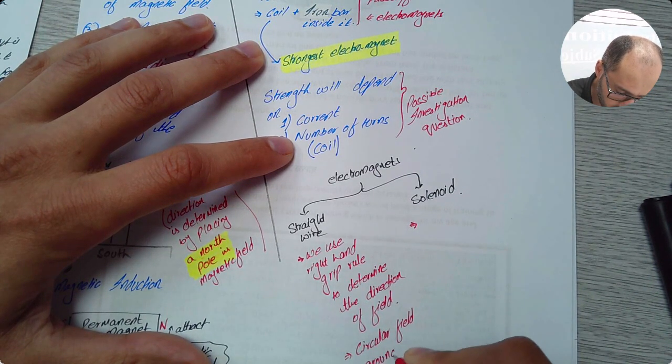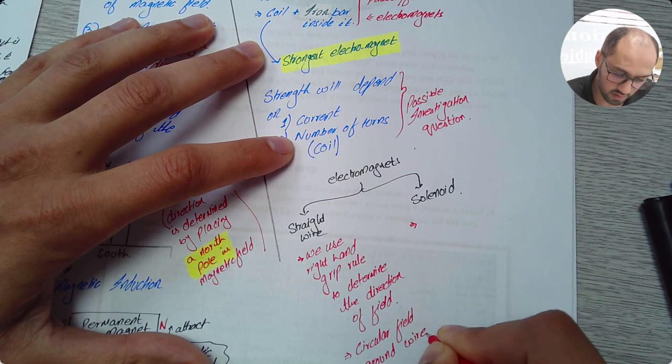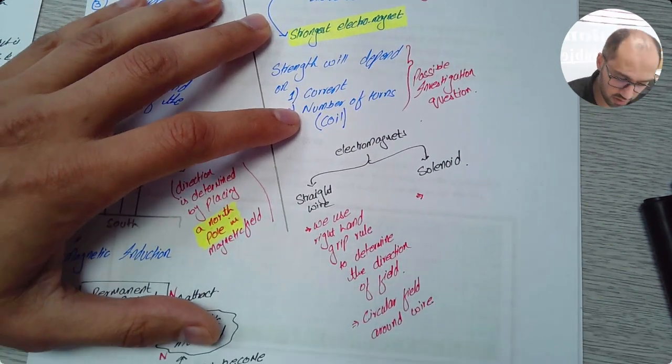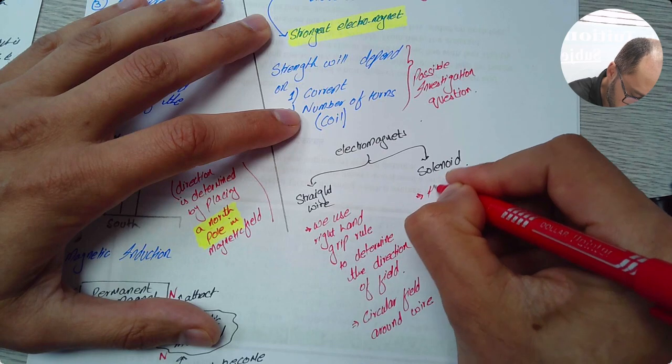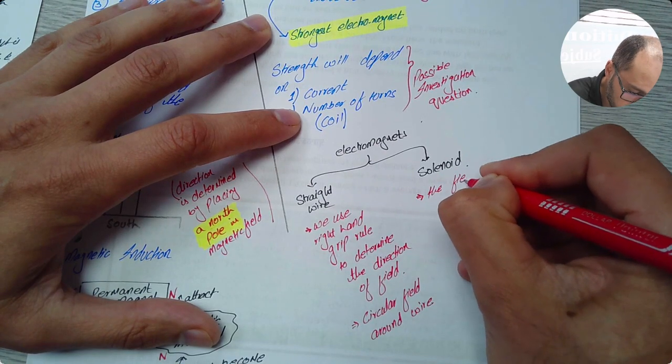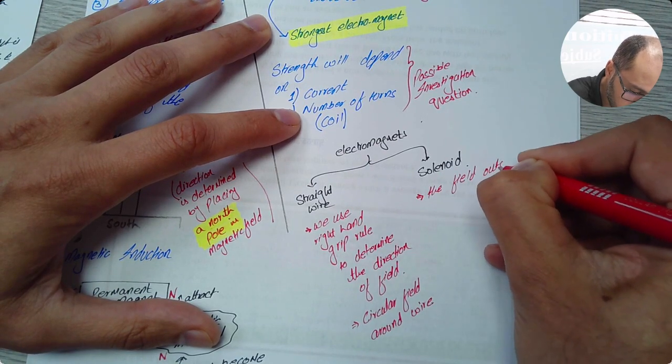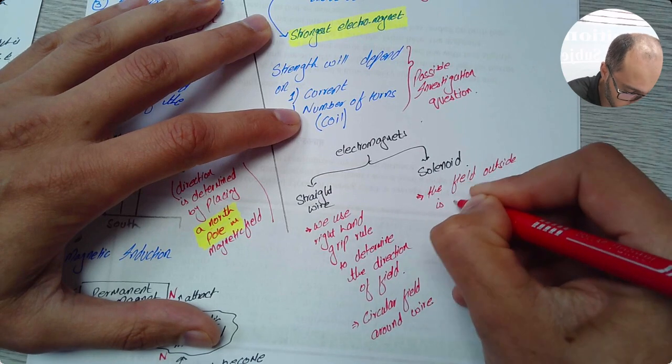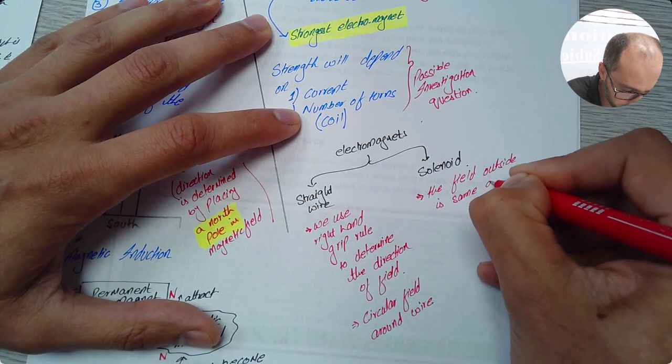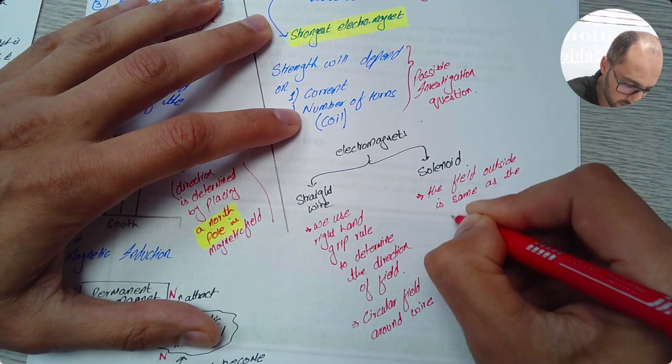When it comes to the solenoid, the field outside is the same as the bar magnet.